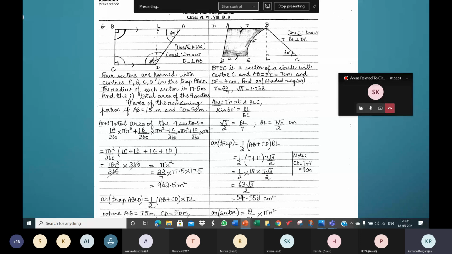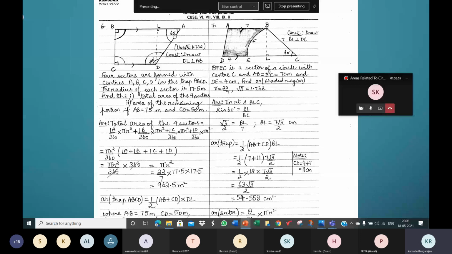Now, for this right triangle, AD is the hypotenuse. Now we have the other two sides, DL and AL. For this angle 60 degrees, DL is the opposite side and AL is the adjacent side.